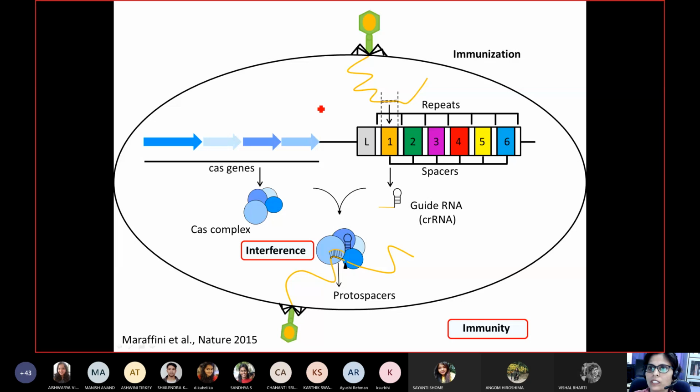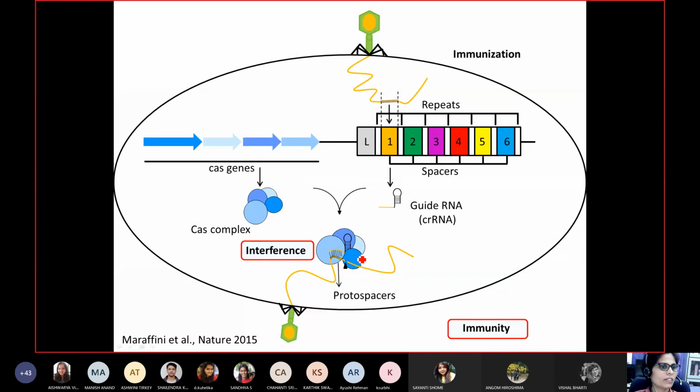Now when the same phages infect the bacteria, it has a mechanism: it scans through the whole protospacers, and after finding the complementarity, it chops off the DNA. Before the guide RNA, it doesn't have any mechanism to avoid infection. Only after the first infection do they get some.